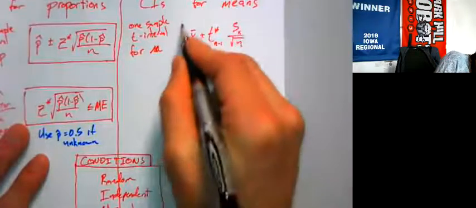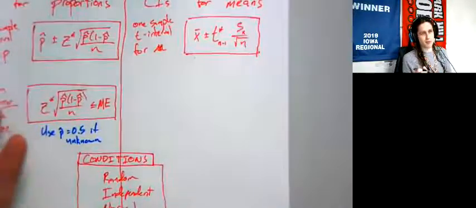Almost put x bar there. That's going to be x bar plus minus t star. Remember, n minus 1 degrees of freedom, s x over radical n. It's on your formula sheet. Should be able to put that together.